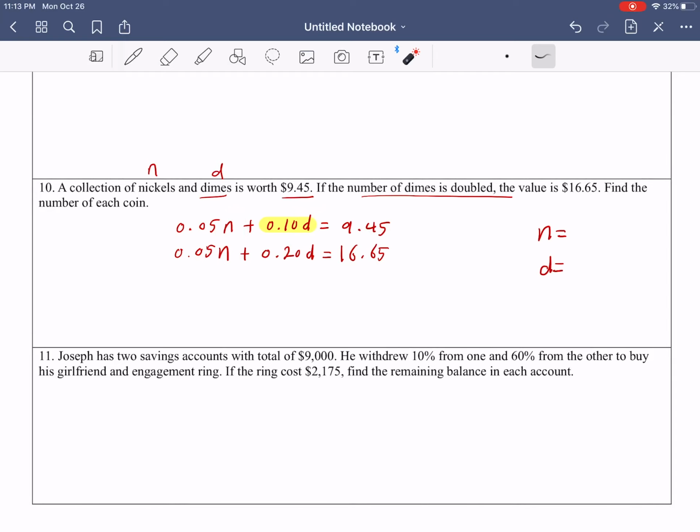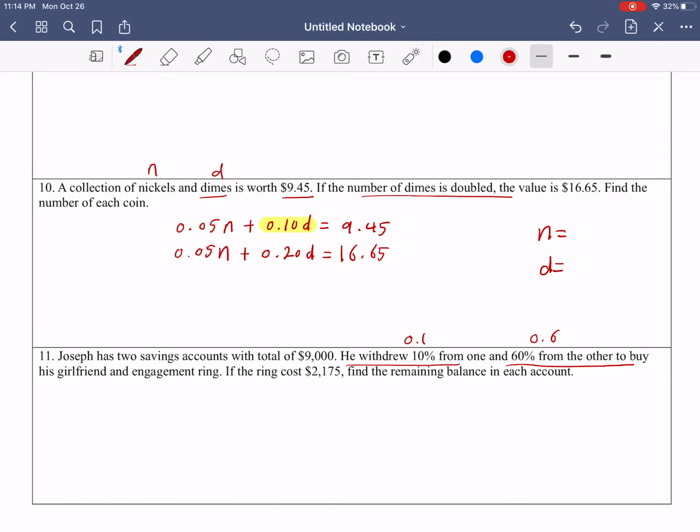Okay. Last one. Joseph has 2 savings accounts, total $9,000. He withdrew 10% from one, 10% is 0.1 by the way, and 60% from the other, which is 0.6.